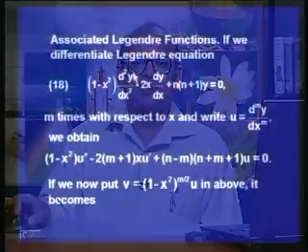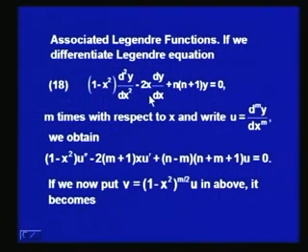If we differentiate the Legendre's equation, 1 minus x square into d square y over dx square minus 2x dy by dx plus n into n plus 1 y equal to 0, m times with respect to x, and write u equal to d^m y over dx^m, that is the mth derivative of y with respect to x, we shall have this equation: 1 minus x square u double dash minus 2(m plus 1) x u dash plus (n minus m) into (n plus m plus 1) into u equal to 0.